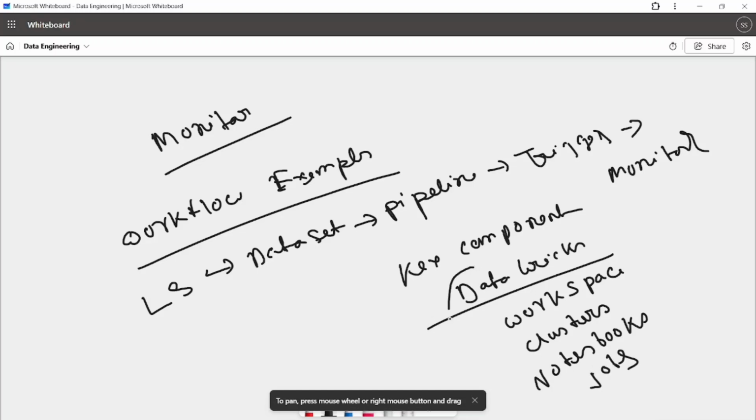So these are very important. When you go for practical, then we'll learn all these things. So now just remember the Databricks components: workspace, cluster, notebooks and jobs.